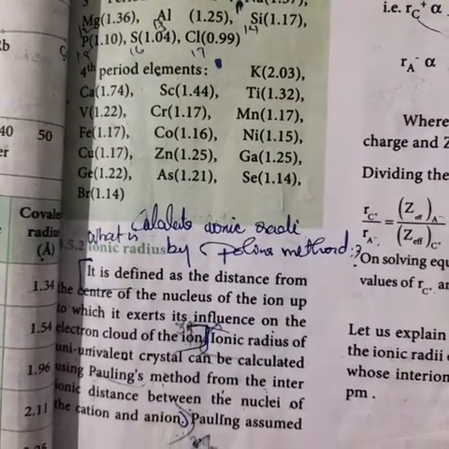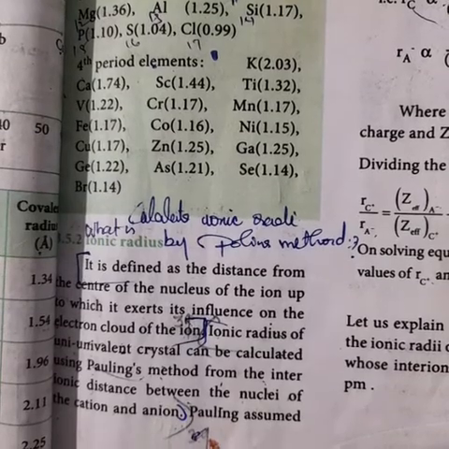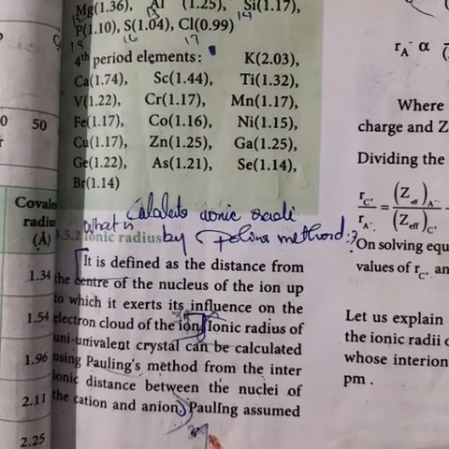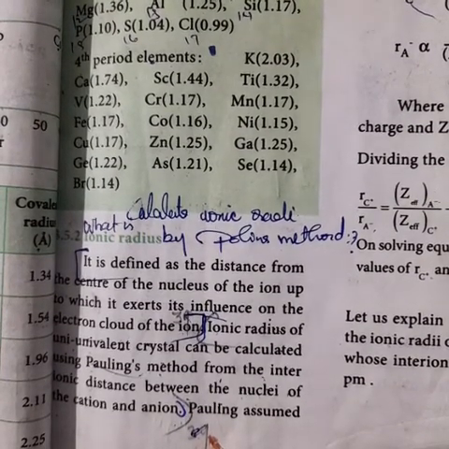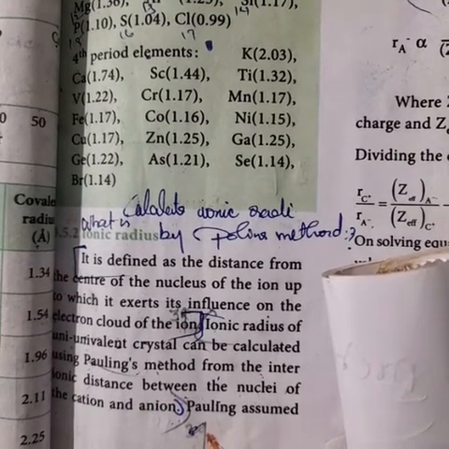In Pauling's method we calculate the ionic radius of the univalent crystal. Univalent means a crystal of an element with only one valence, that is, the valence of that element is only one.